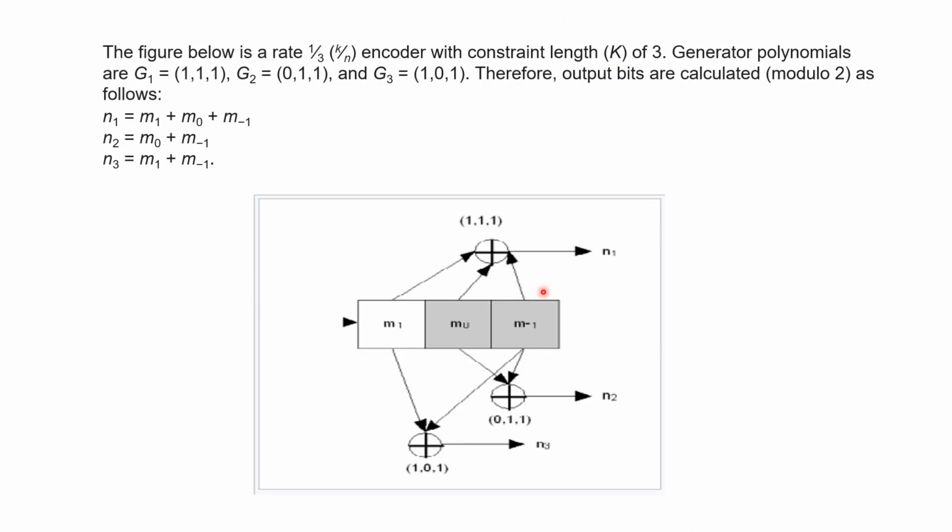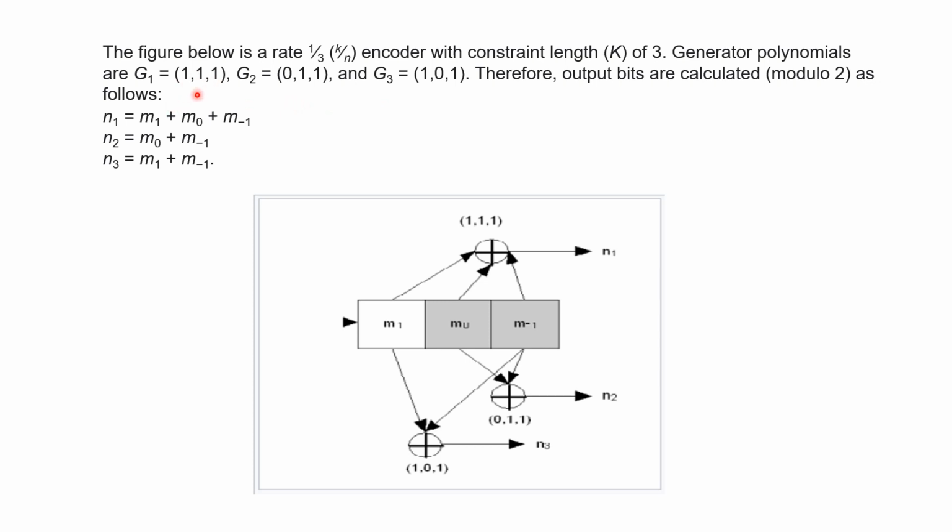Here one of the simplest convolution encoders is shown, where the code rate is 1 by 3, because the number of outputs is 3 and at a time 1 bit is processed. With a constraint length of 3, we have 3 flip-flops here, and the generator polynomials are given as G1, G2, G3.